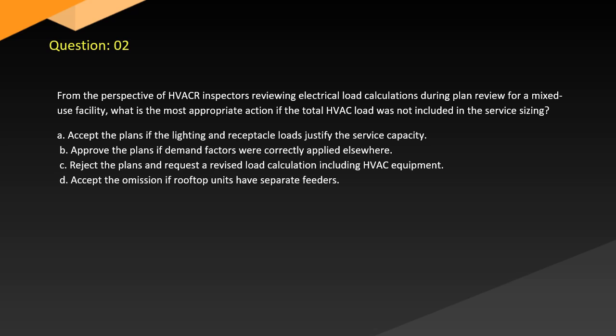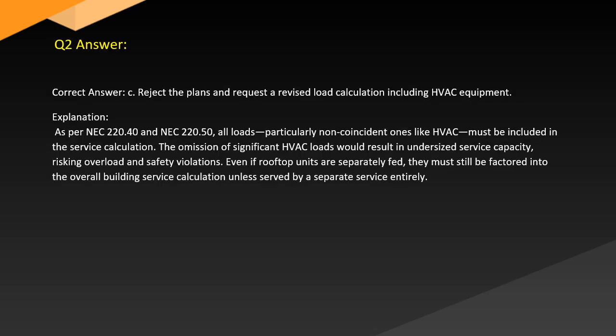C. Reject the plans and request a revised load calculation including HVAC equipment. D. Accept the omission if rooftop units have separate feeders. Answer. Correct answer: C. Reject the plans and request a revised load calculation including HVAC equipment.